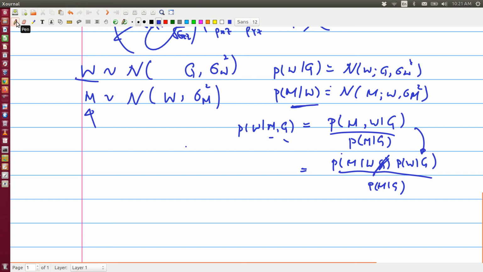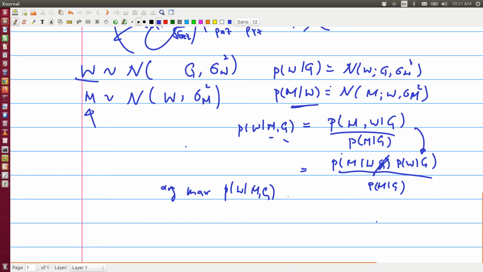Therefore, if we try to estimate W with a MAP estimate, I want to maximize this guy, P of W given M and pi. The denominator does not depend on W, so I don't care about it.